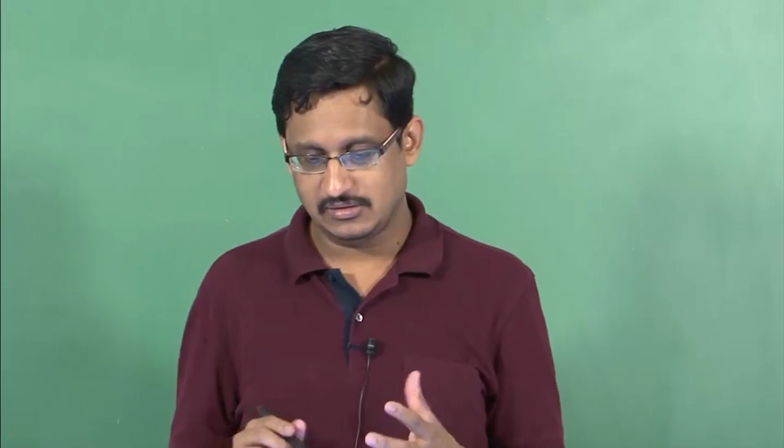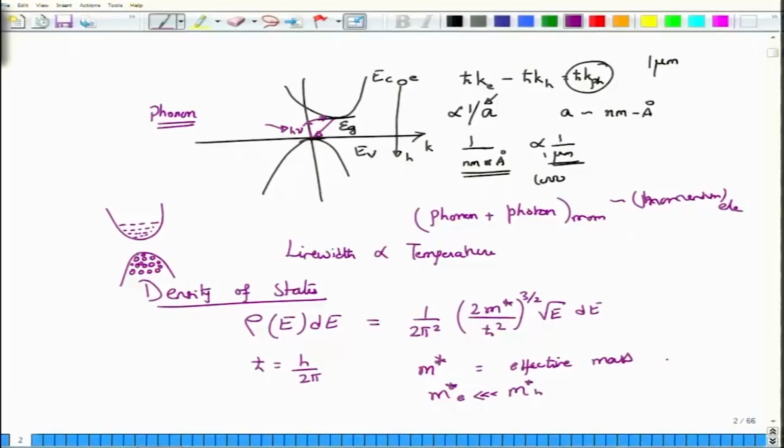In this density of states, it is not the actual mass that matters, but the effective mass. And in a semiconductor, the effective mass of the electron is much smaller than the effective mass of the holes.